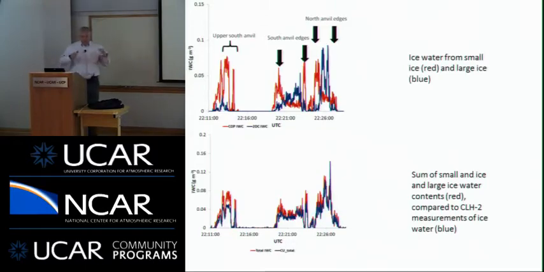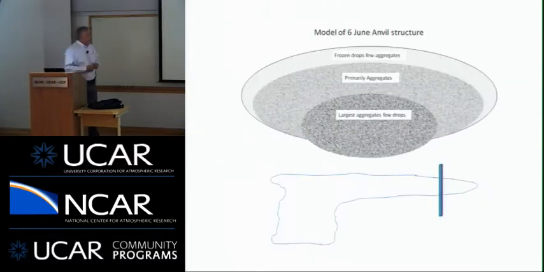So if you put this together in a conceptual model of what this anvil probably looked like, you have something like this. So we take an anvil cross-section through that. You have frozen drops with few aggregates sort of around the top and the edges. And then as you get towards the center, you get primarily aggregates. And then as you get in the lower mid part of it, you have the largest aggregates and really few drops there.